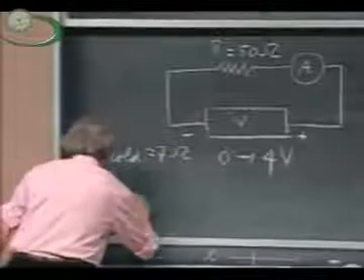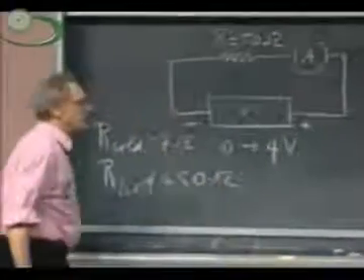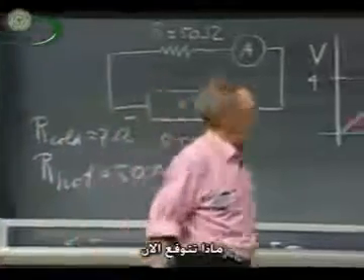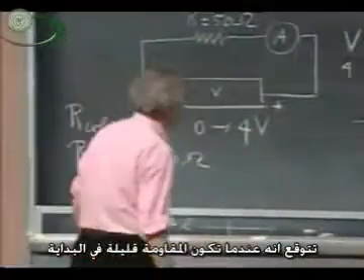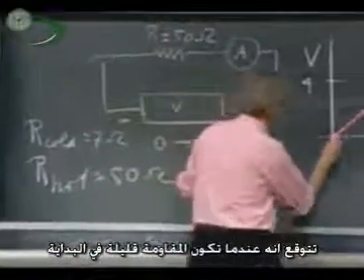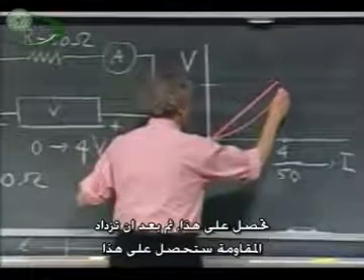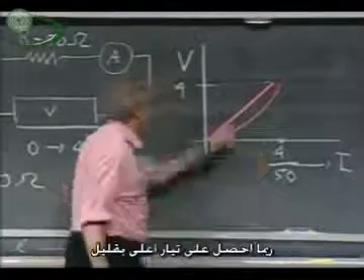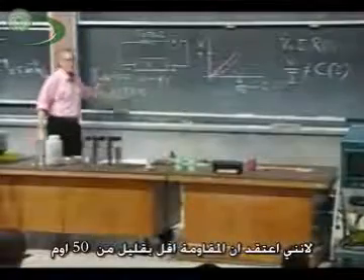But I know that when it is hot, it's very close to 50 ohms. I think it's a little lower. What do you expect now? Well, you expect that when the resistance is low in the beginning, you get this, and then the resistance goes up, you're going to get this. I may end up a little higher current because I think the resistance is a little lower than 50 ohms.